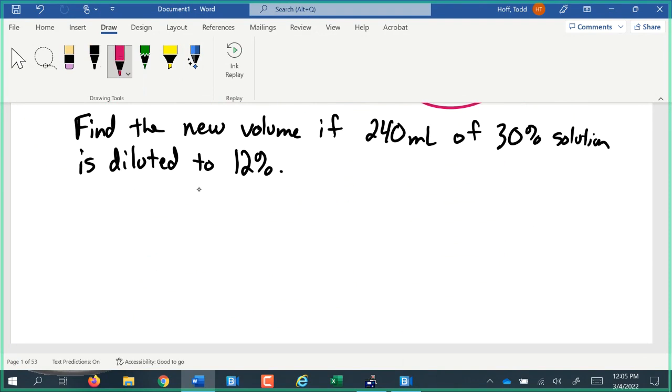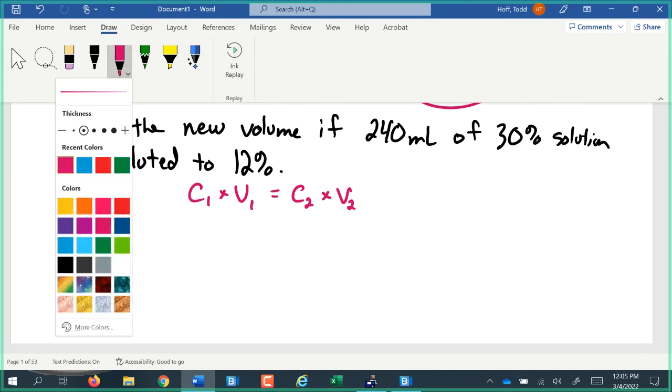So again, it's that C1 times V1 equals C2 times V2. Like I said, it would work out exactly the same if it was V1 times C1 equals V2 times C2. Multiplication is commutative, so it doesn't matter what order we put them in. Each textbook will give those a little bit different order.